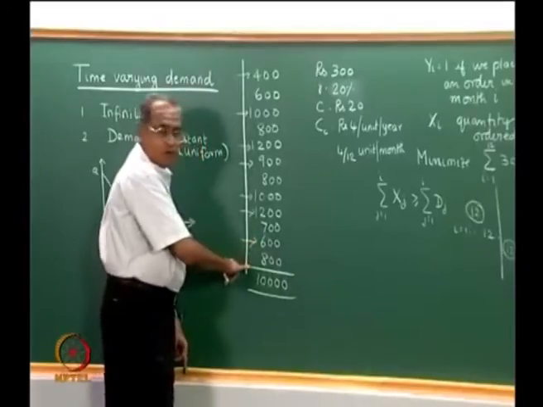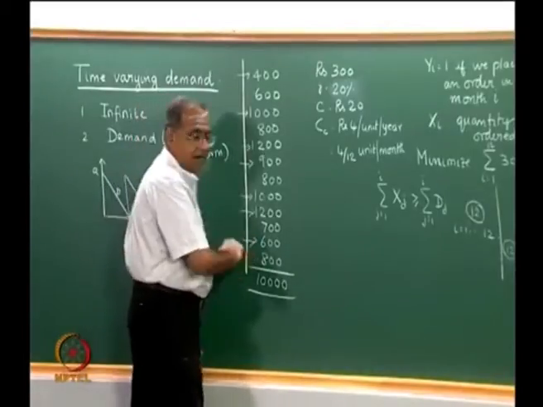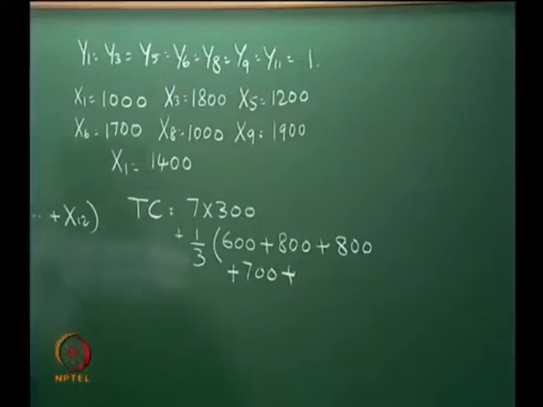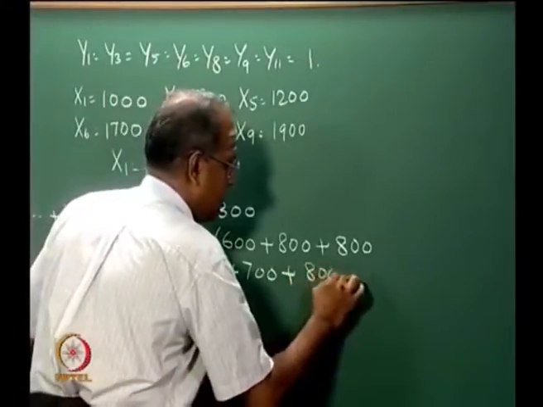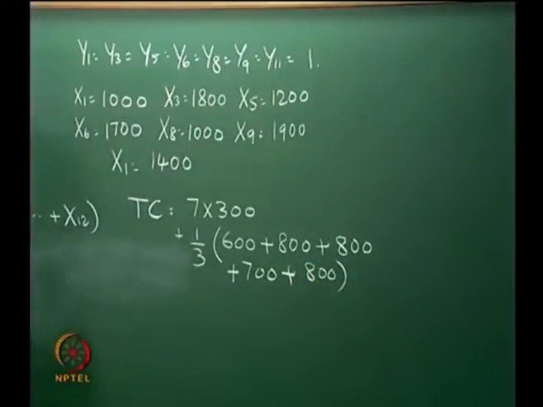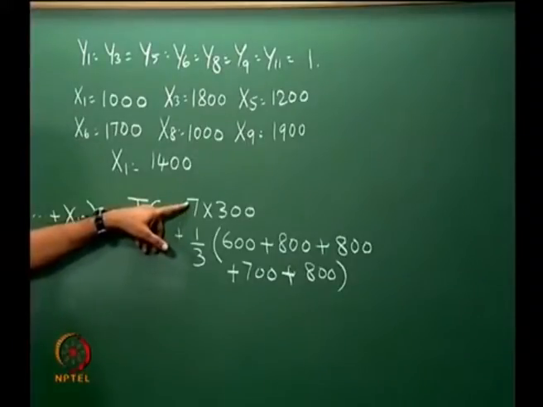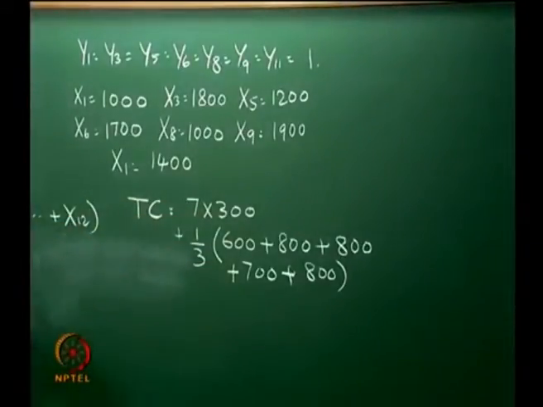So we order 1400, 600 is consumed here, 800 is what is carried, so 800. It is also interesting and obvious to note that there are 7 periods where there is an order, there are 5 periods where there is inventory holding, making up for the 12.